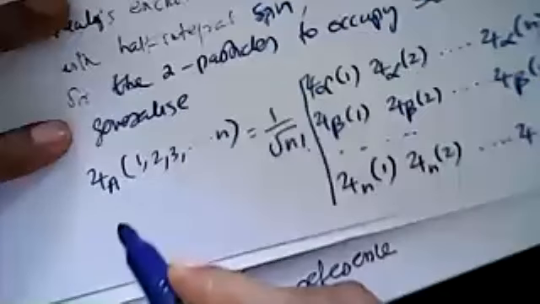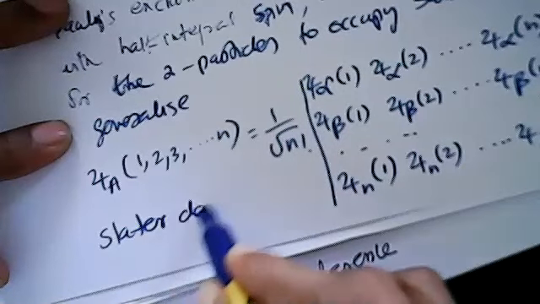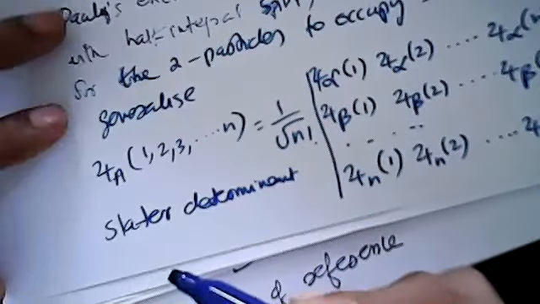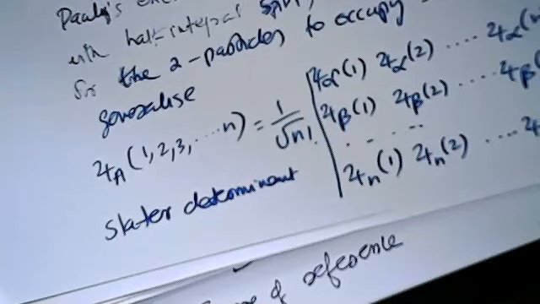Okay. So this determinant has a special name, which is known as the Slater determinant. This is the name of a scientist, Slater. So in the case of the Slater determinant, as with any determinant, if any two rows are identical, the determinant vanishes, which implies Pauli's exclusion principle.